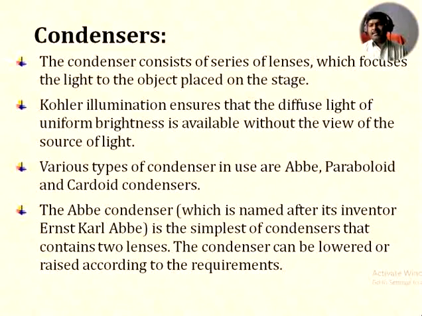The condenser can be lowered or raised according to the requirement. That means based on how much light is required to focus the object or specimen, we can lower or raise the condenser. Is it okay? That means there is an arrangement to lower or raise the condenser.